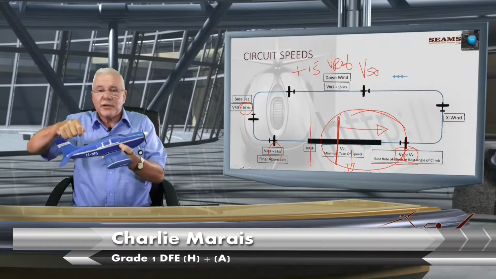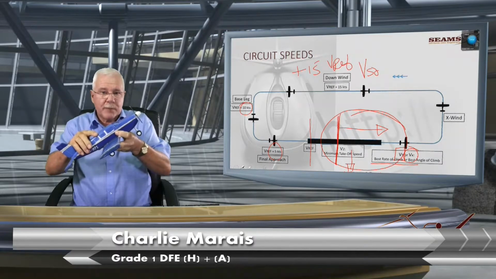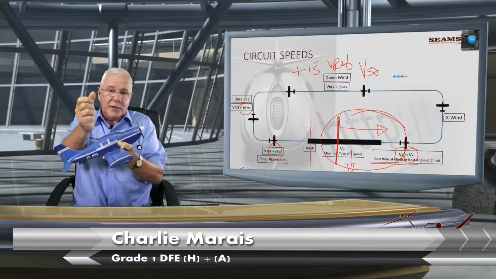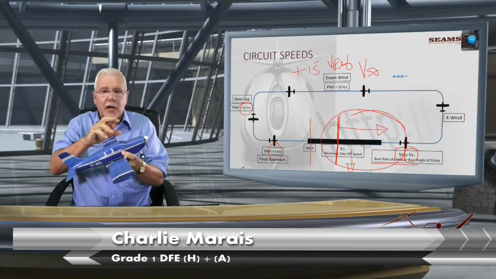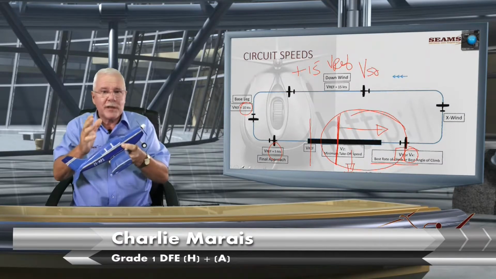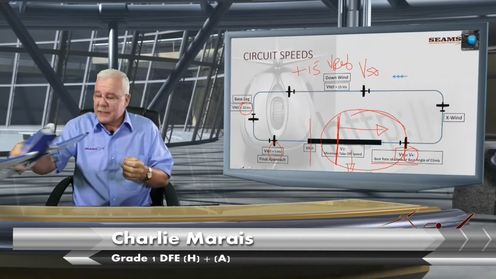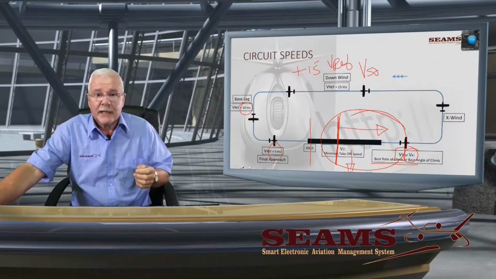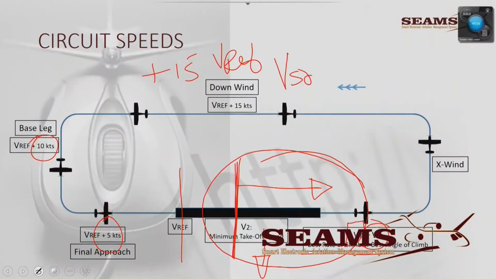It would have been trimmed rearwards quite a bit. So now there's going to be a serious pitch-up moment, and you will have to overcome those forces. If your attention is split from where it's required, you look inside, you see the nose is too high, speed is too low, and you're already in trouble. This is not the place to get into trouble. And in the next series, we're going to have a look at that.